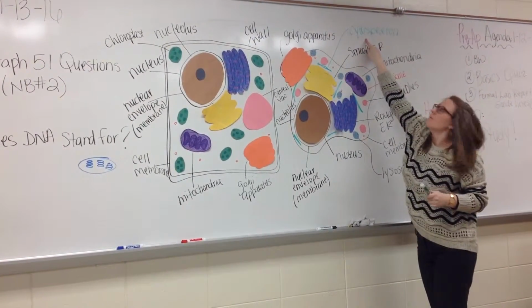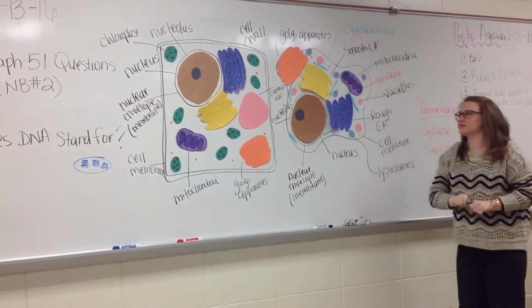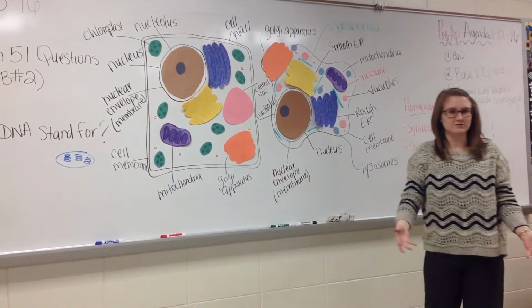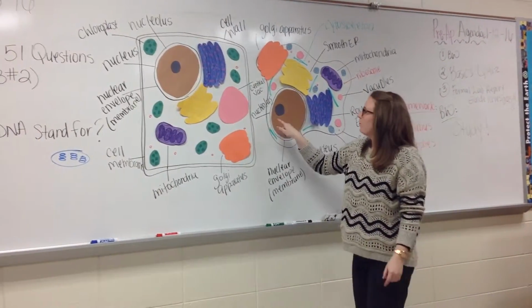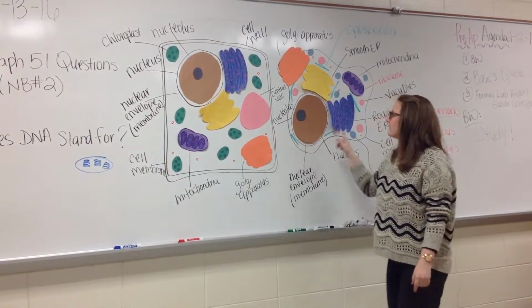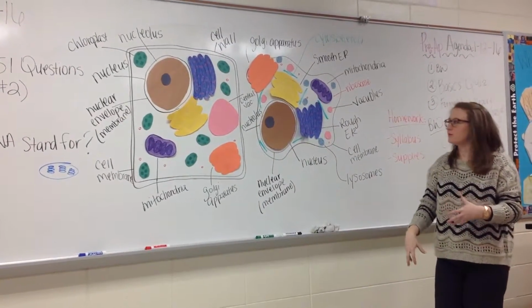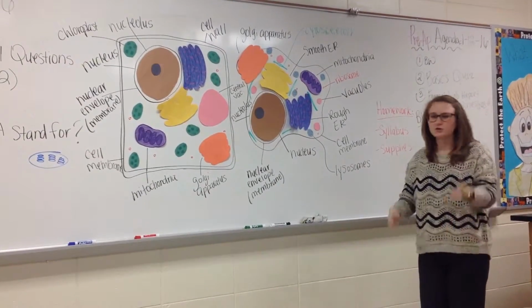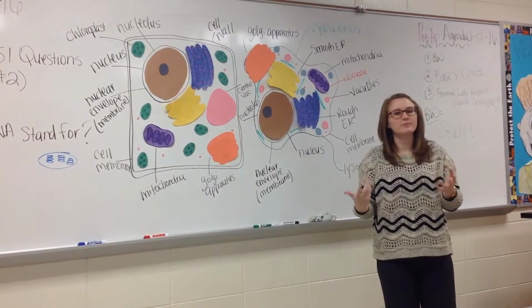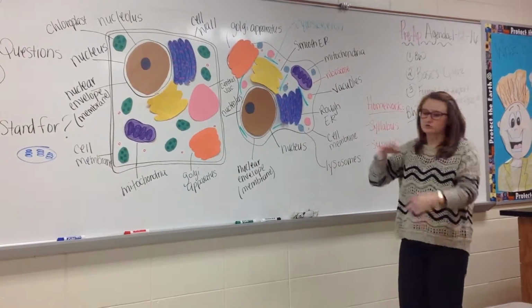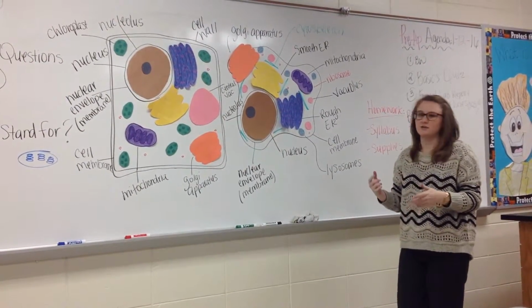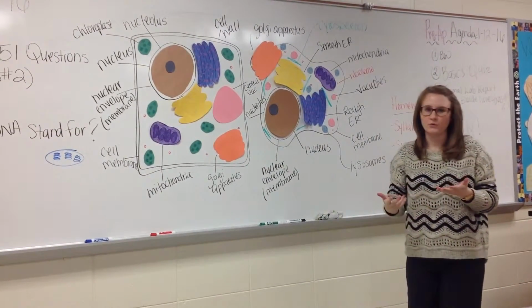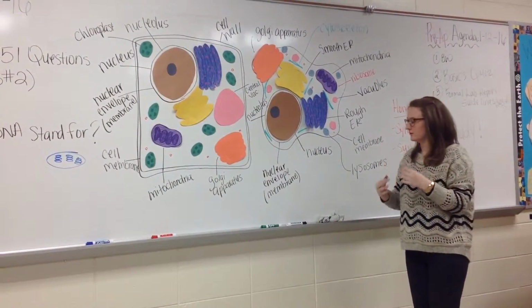Cyto meaning cell, skeleton meaning skeleton. This is a small part of the skeleton for your cell. Because animal cells don't have a cell wall, they have to have some type of structure to help them maintain a shape and not squish in on themselves. Like you have a skeleton made of bone, your individual cells have a skeleton. It's made of microfilaments, microtubules, and so forth. And we'll go into those a little bit later.